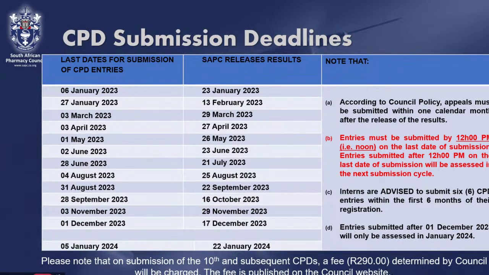So interns who want to appeal their results should do so within 1 calendar month after the date on which they received the results. And it's also important to note that entries must be submitted by 12 o'clock p.m. on the last date of submission.